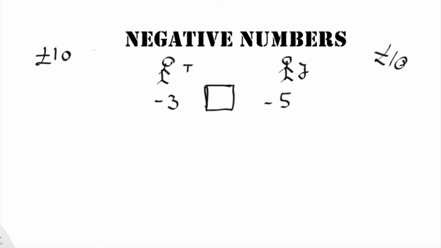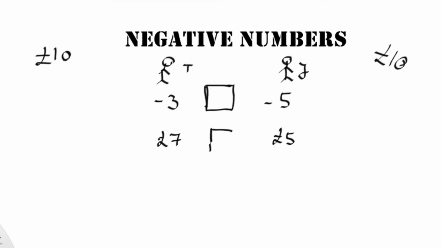After Tom pays his debt to me, he will be left with £7. Why? Because 10 minus 3 gives us 7. And after John pays his £5 back to me, he will end up with £5. Why? Because 10 minus 5 gives us 5.